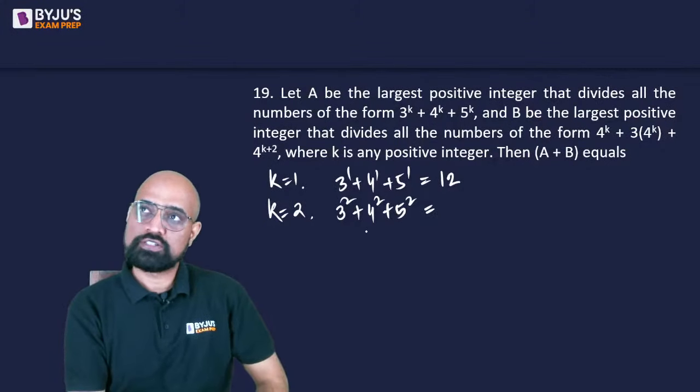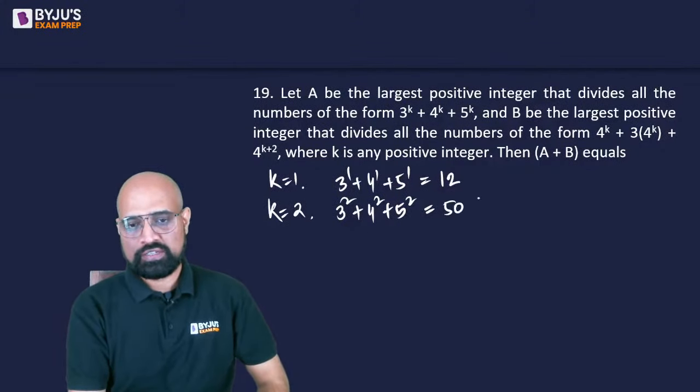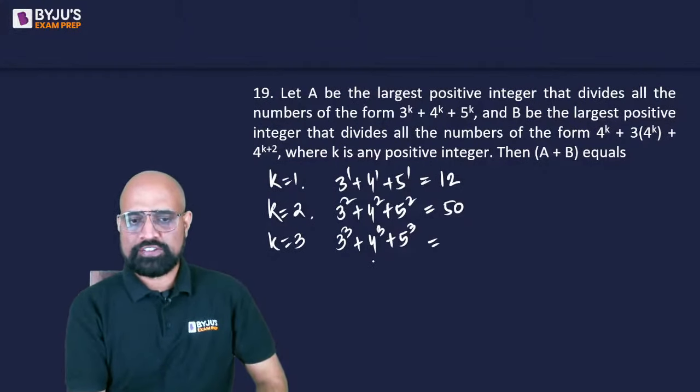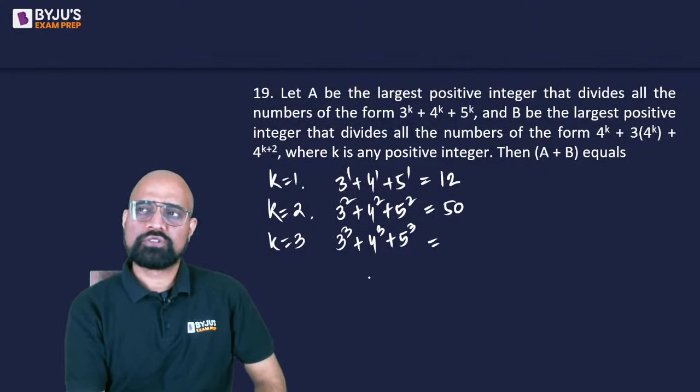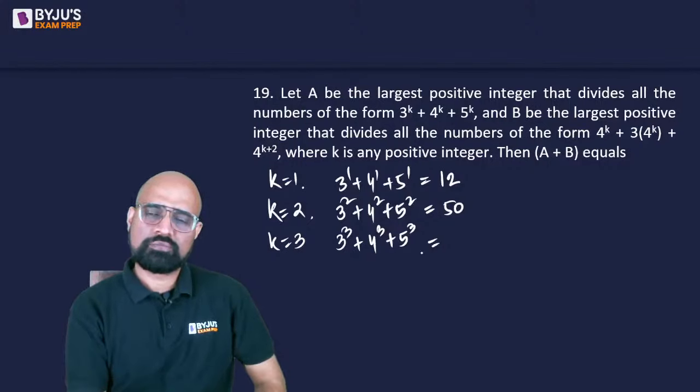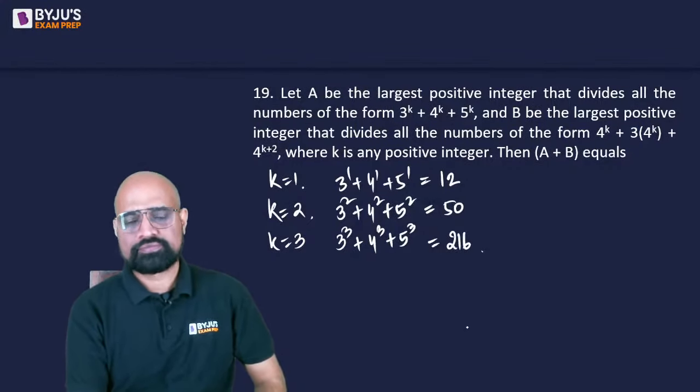So this is 25 plus 25, 50. I'll take k is equal to 3. So I'm going to get 3 cube plus 4 cube plus 5 cube: 27, 64, 125, which is 216, right?